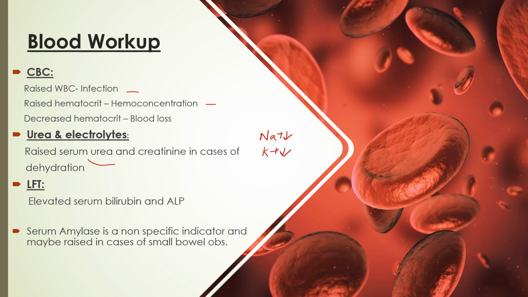This in turn leads to raised serum urea and creatinine. This also occurs in cases of dehydration. If we get the LFTs done, we will find raised serum bilirubin and ALP, that is alkaline phosphatase. Serum amylase is a non-specific indicator, but it may be raised in some cases of small bowel obstruction. Serum lactate can be used as a good indicator for bowel ischemia.